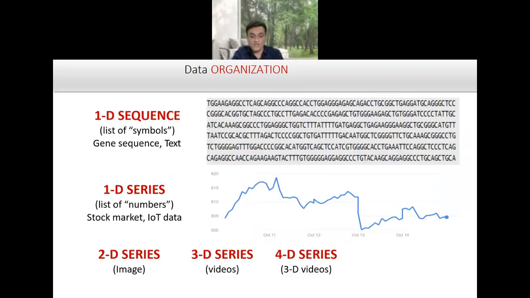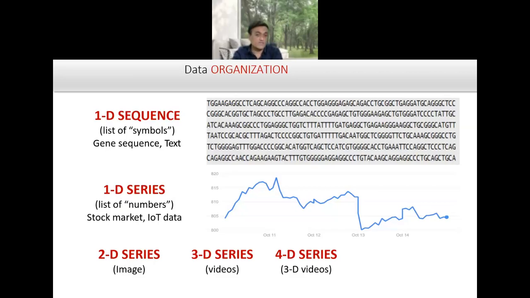Another way of organizing the data is a one dimensional sequence. If you look at a gene sequence, it is always in one dimensional format. There are no numbers in that. It may be a list of symbols in some chemistry problem, where you have lots of symbols of the elements.